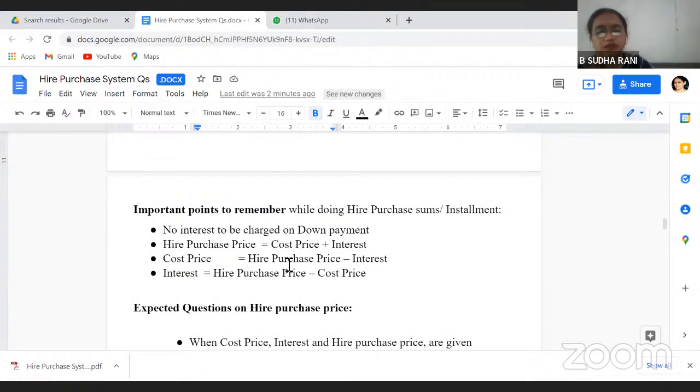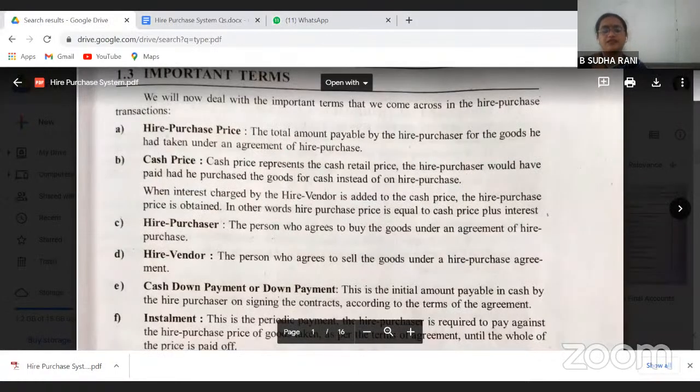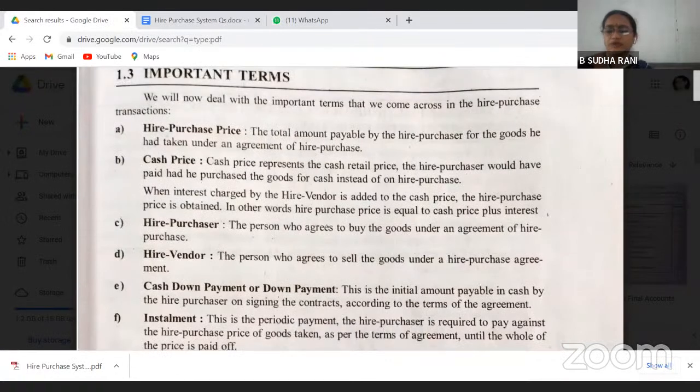In the hire purchase system, you have some important terms. Hire purchase price means the total amount you agreed to pay to the vendor.